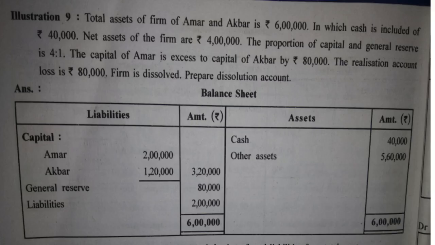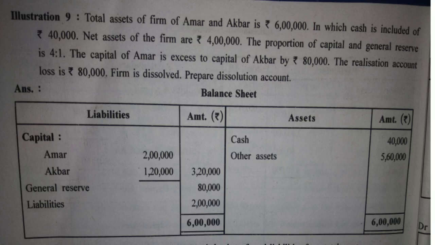You might question, ma'am, what about cash? But if you remember, I have clearly instructed that the amount of cash balance is not to be closed and transferred to realization account.